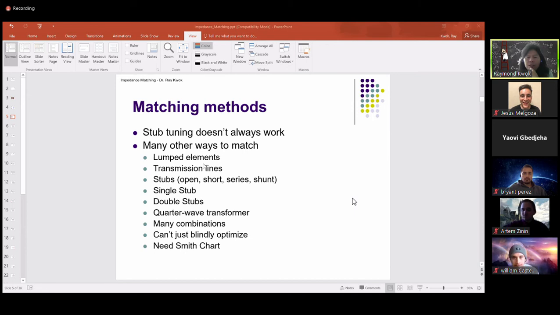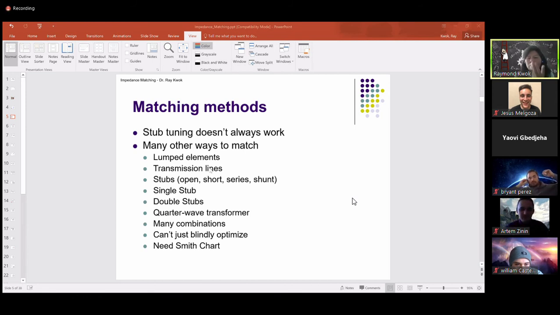So there are many ways to do tuning, at least some of them here. Lumped elements, meaning using an inductor, the winding of the wire, the coil, as inductor, and the chip capacitor. Those are typically used at a lower RF frequency, like 1 gigahertz, 2 gigahertz, 100 megahertz, that kind of thing.